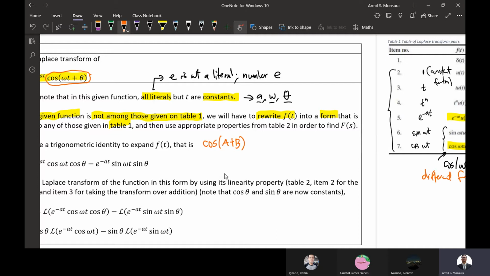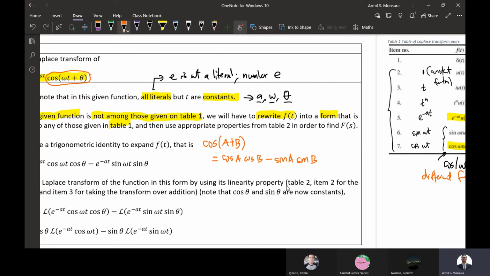So, meron tayong sum of angles para sa cosine, para sa sine, para sa tangent, and so on. Pero in particular, ito yung identity na gagamitin natin in this case, which is equal to, again, verify na lang ninyo ito with other sources. This is cosine of A, cosine of B, minus sine of A, sine of B.